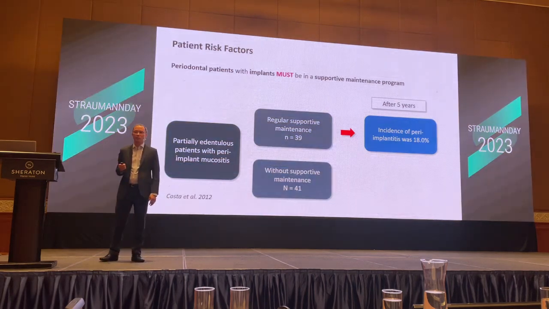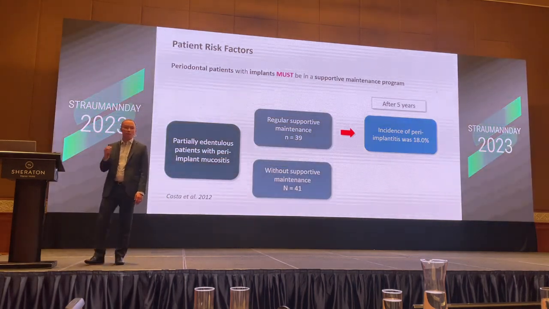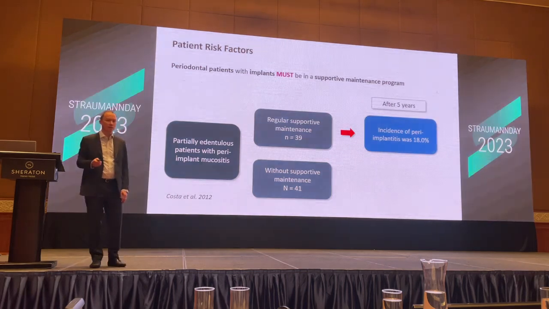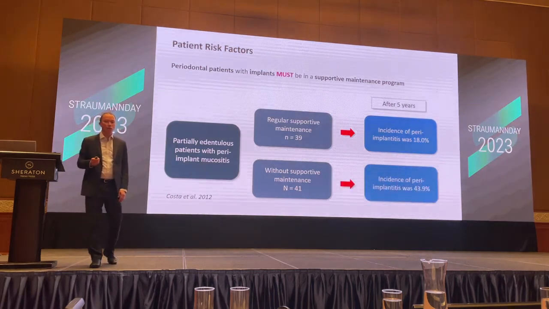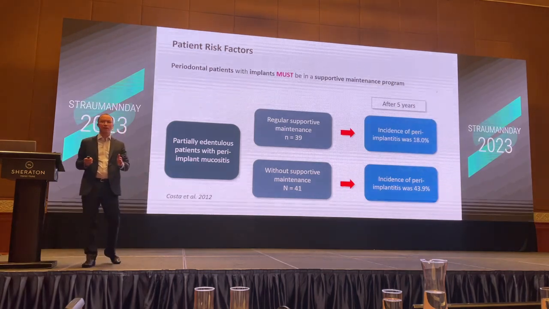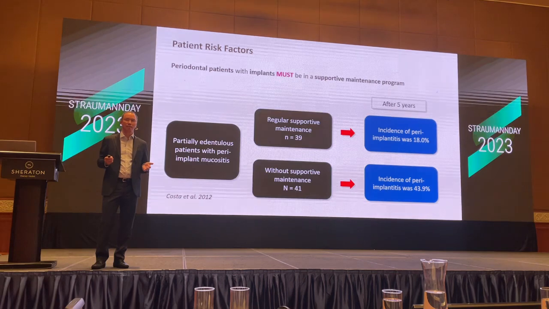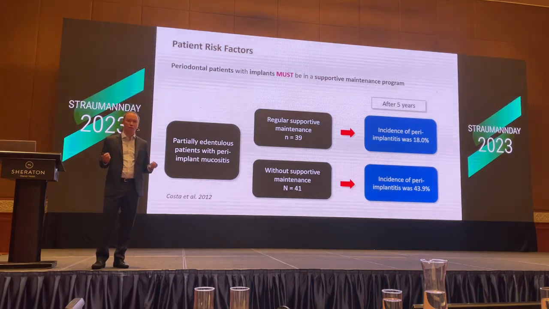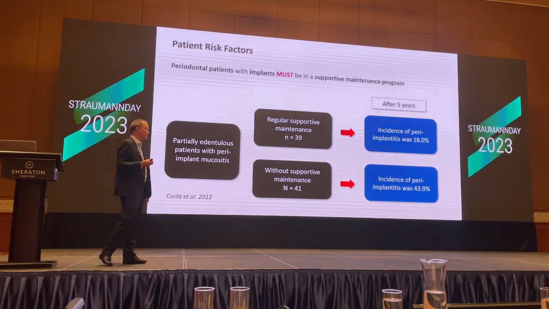Those in regular supportive maintenance had an incidence of periimplantitis of 18%. Whereas those without maintenance from the mucositis, they went on to develop periimplantitis of 43.9%. So the data is so strong and so overwhelming for the need for supportive maintenance.